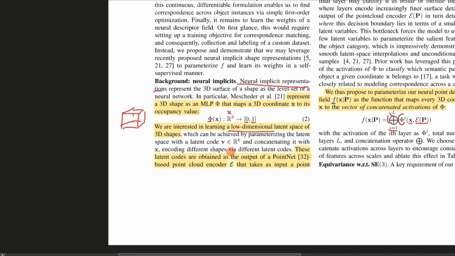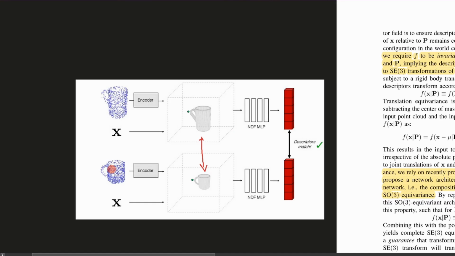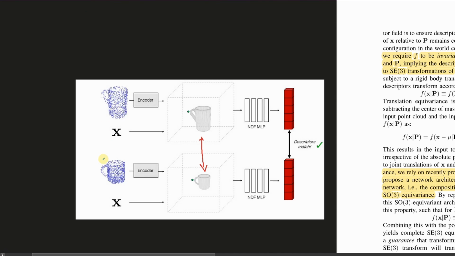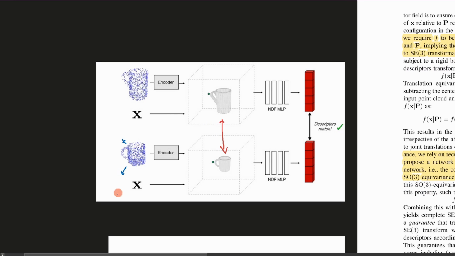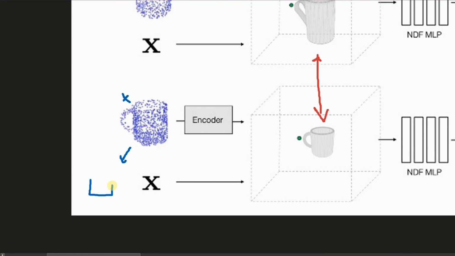But what I'm getting at here is that we want to make sure that if I were to rotate this mug here, so if I had a point, let's say we have a point X here, and if I were to rotate this mug however we want, for the sake of simplicity, I'm just going to reduce this problem to a 2D problem. So let's say we have a 2D square, and we have a point x here, okay?